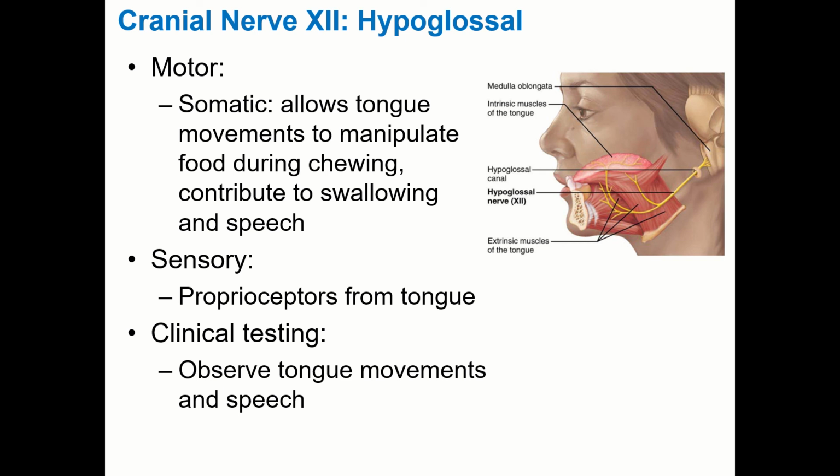correctly. I read a case study a few years ago from a collegiate wrestler who got dropped on his head during wrestling practice. I don't know exactly what they were doing, but at any rate, got dropped on his head during wrestling practice, suffered a concussion, but in addition to the concussion, his tongue was kind of stuck to one side. So basically it was sort of stuck forward, and then also I think it deviated to the right.